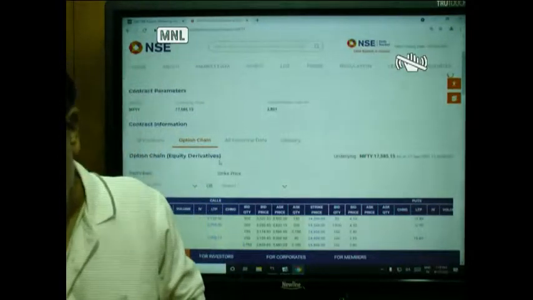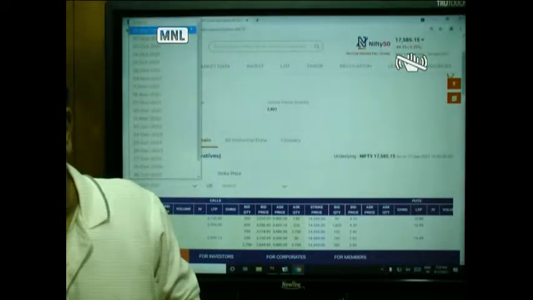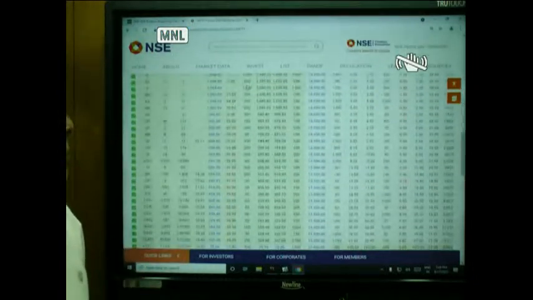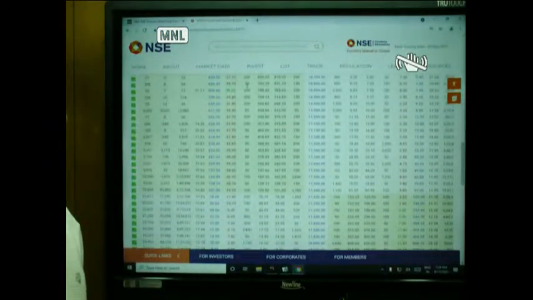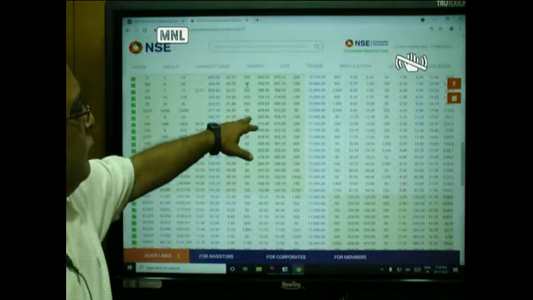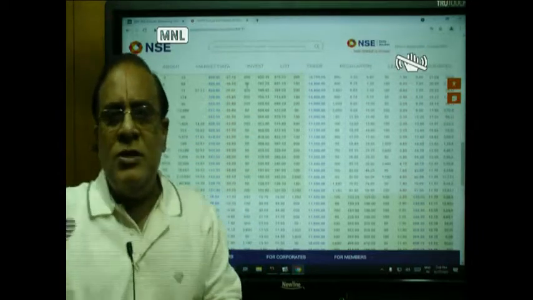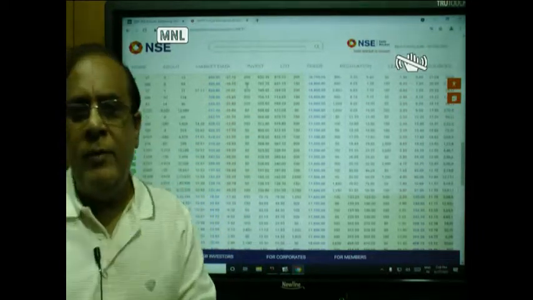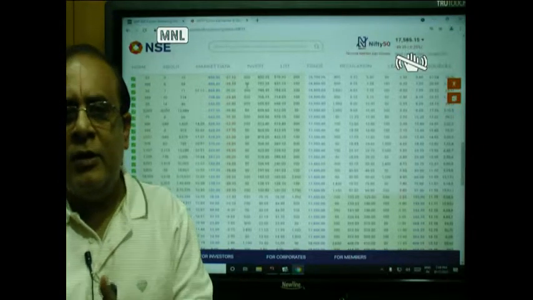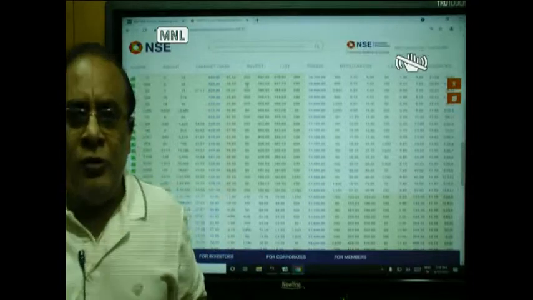For example, the same thing in this week, 23rd September, let us say a 17,000 call. This is coming very close to the futures, 610 or so. So 17,610, which means we don't have much of a carry cost compared to the futures. So you're paying 600 rupees into 50, that means 30,000 rupees.